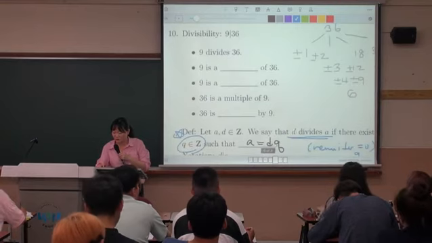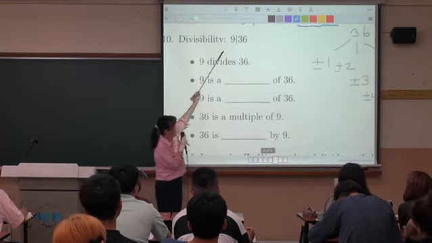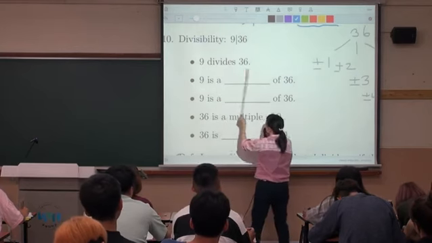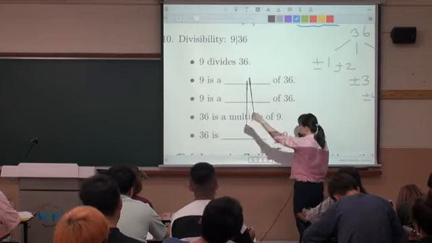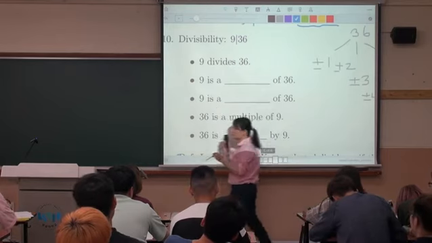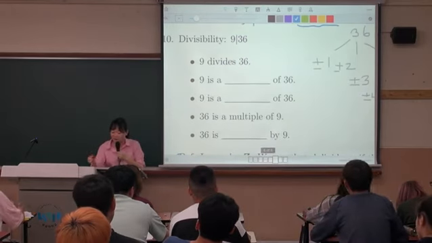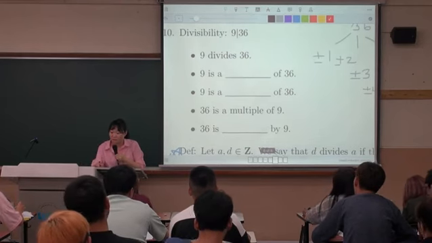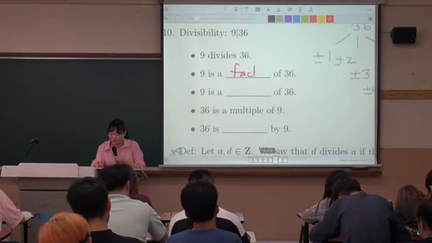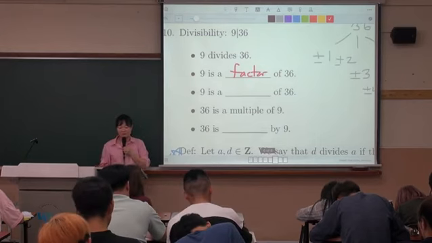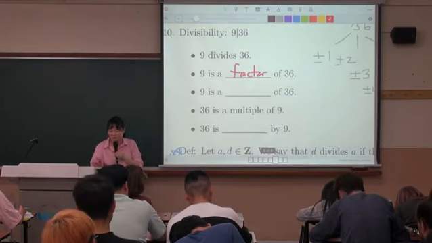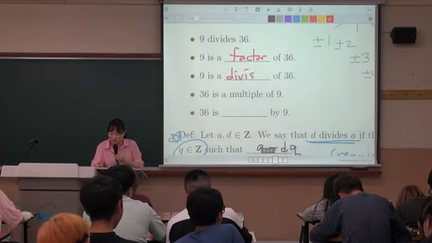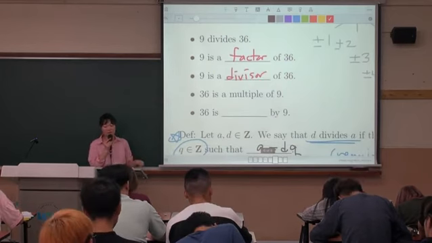So here, is this true? What does that mean? 9 divides 36. Yeah, they're all different expressions. 9 is a divisor of 36. In other words, 9 is a factor. 좋아요. 인수이다. Factor. 9 is a factor of 36. Good. What else? Divisor. 좋아요. 약수이다. Divisor of 36. Yep.